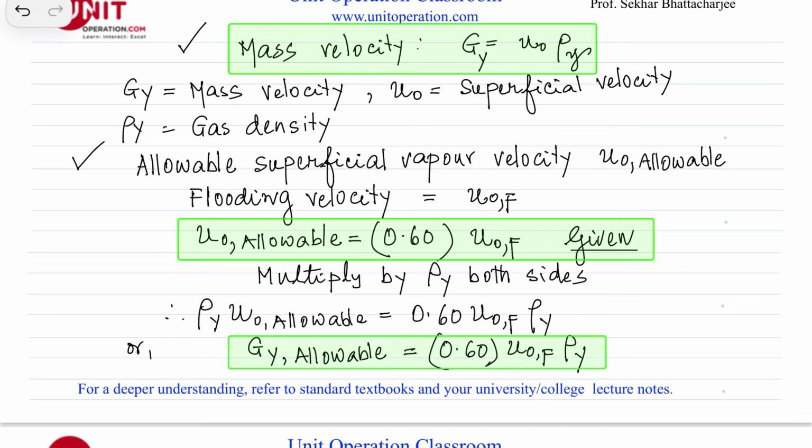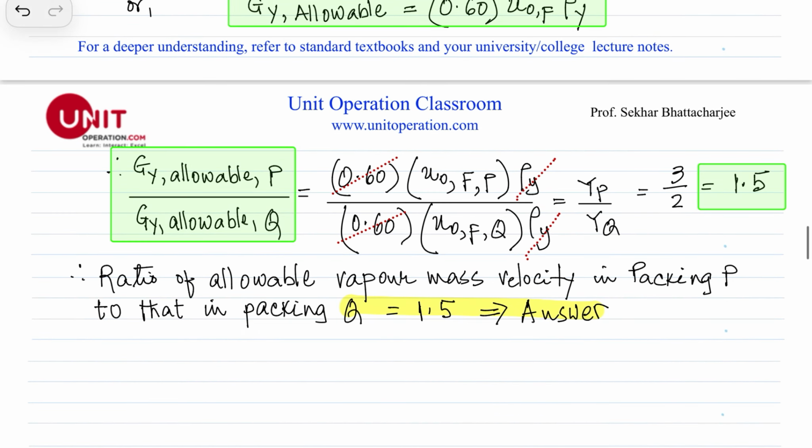If we multiply by rho y on both sides, allowable mass velocity is given by this equation right here. This is the superficial velocity multiplied by rho y, and this is the constant factor 0.60. So allowable mass velocity would be equal to 60% of the flooding velocity multiplied by the density. If that is so for P and Q, this is the ratio here.